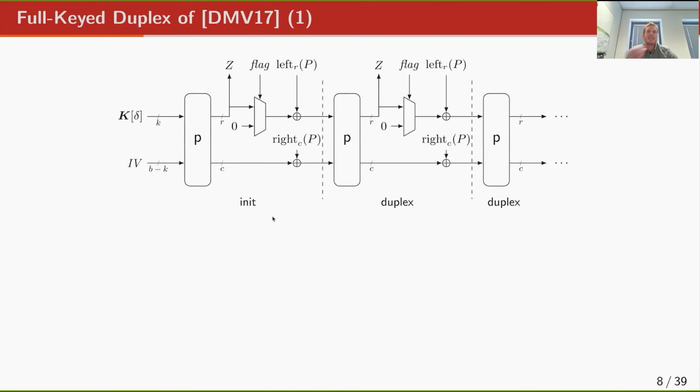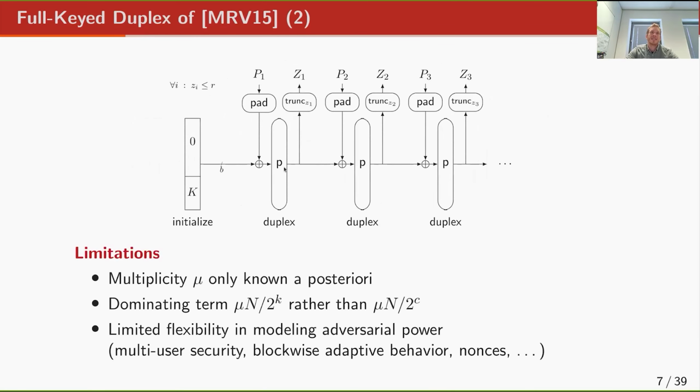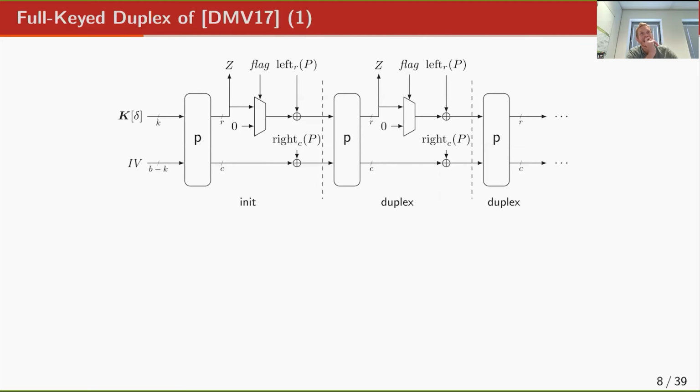What we did here is we had previously the initialization was just putting the state, and then the duplex was absorb, permute, squeeze. Now the initialization actually takes the initialization of the state, permute, squeeze, absorb. And then every new duplex corresponds with permute, squeeze, absorb.